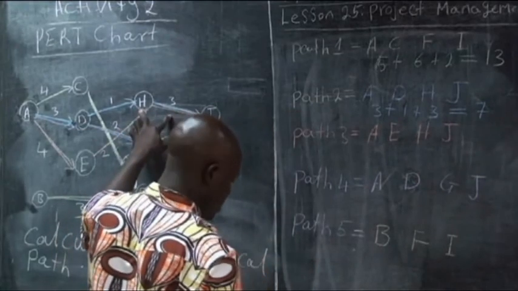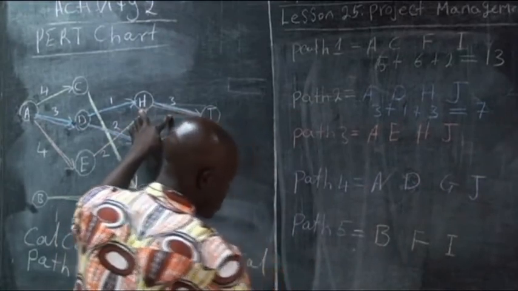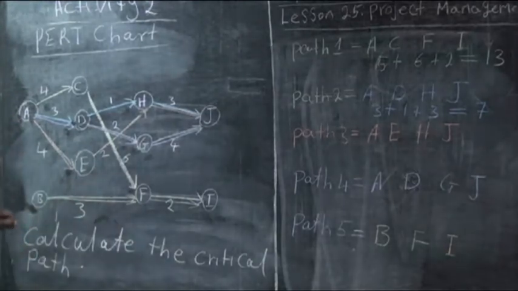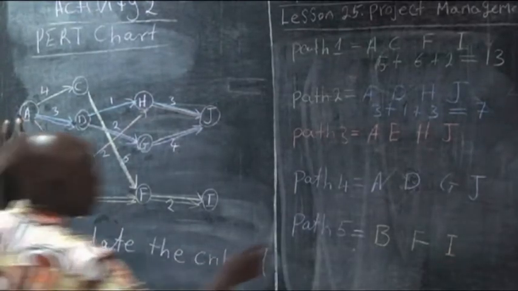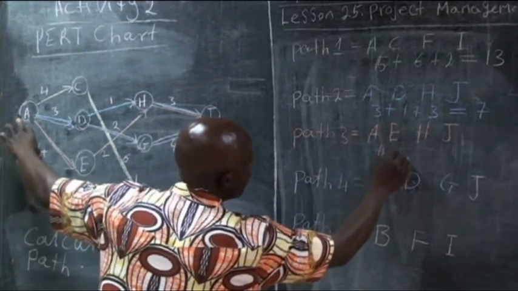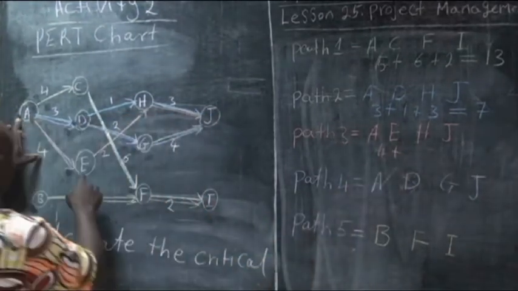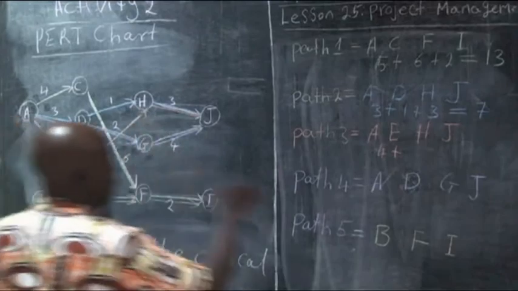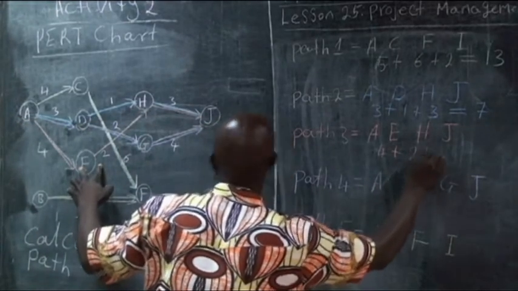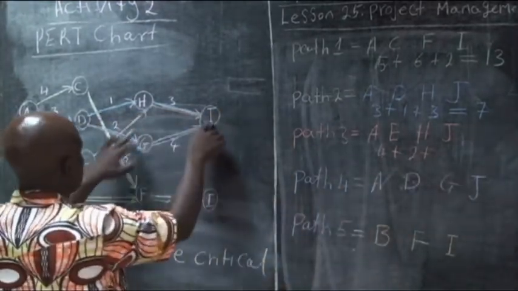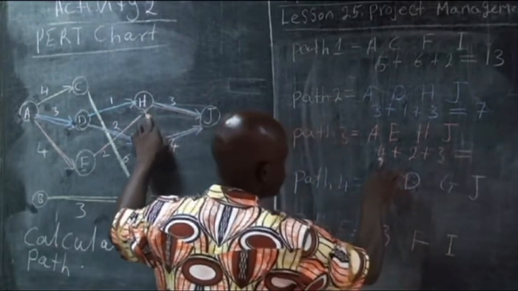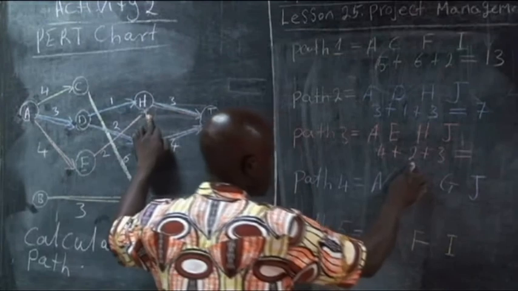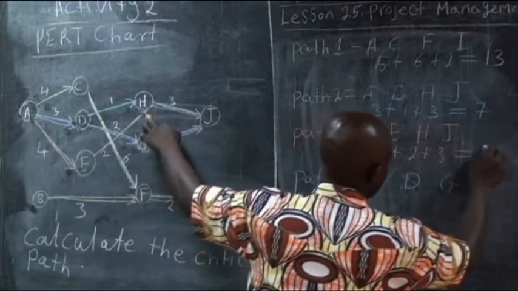Move next to the third, which is A to E. A to E is 4, plus E to H is 2, plus H to J, which is 3. We obtain 4 plus 2, which is 6, plus 3, 9.